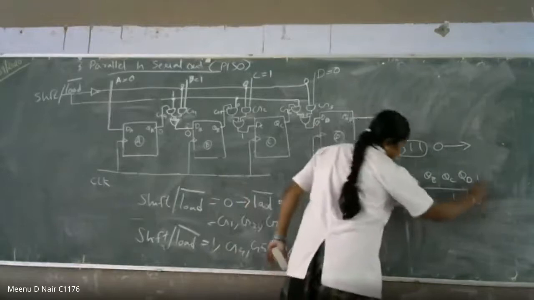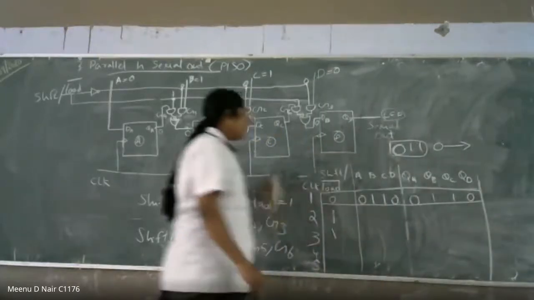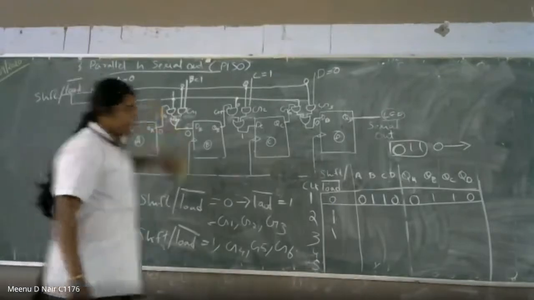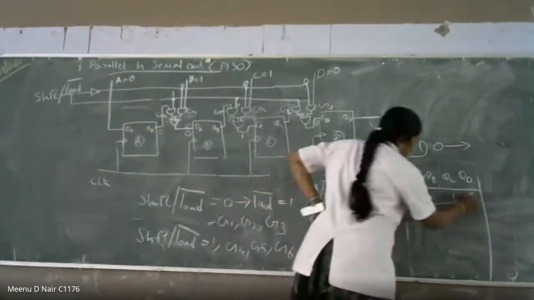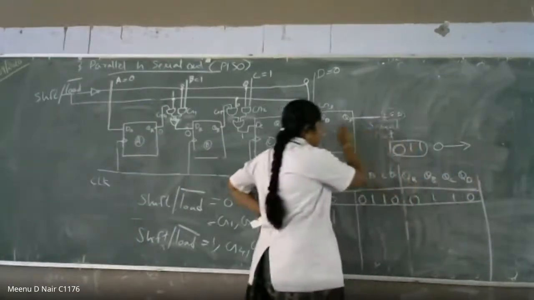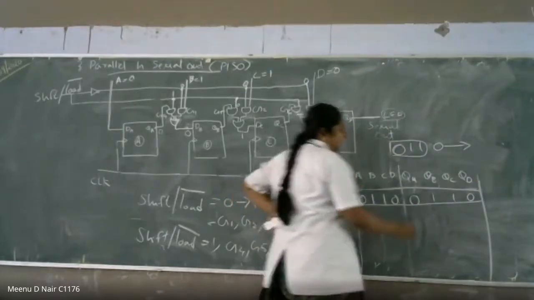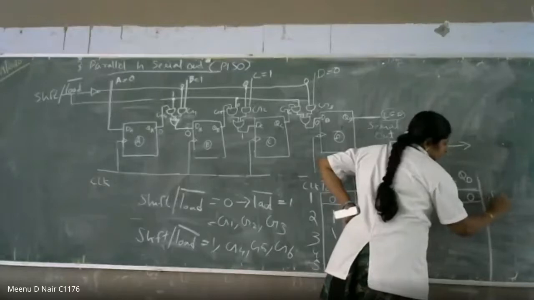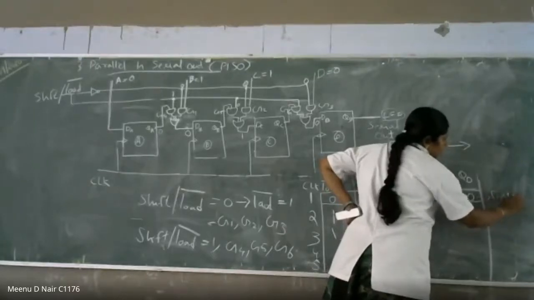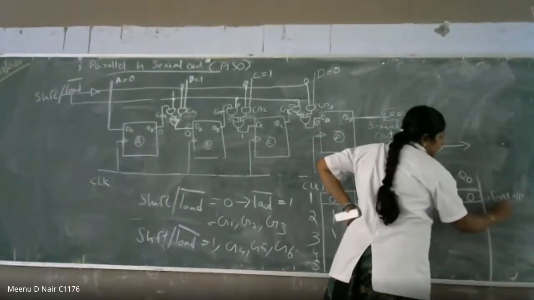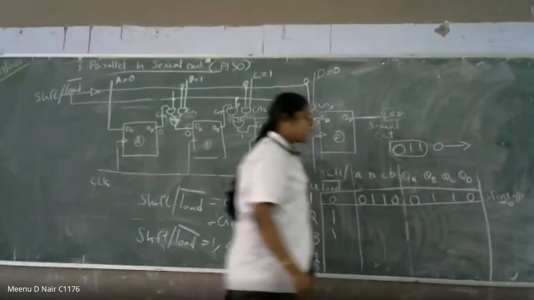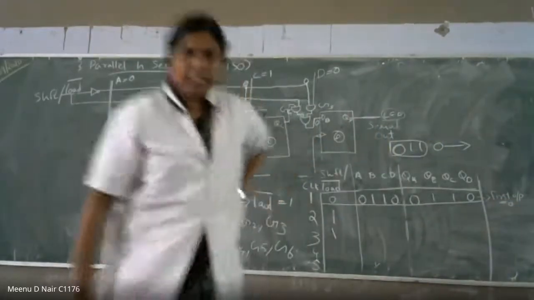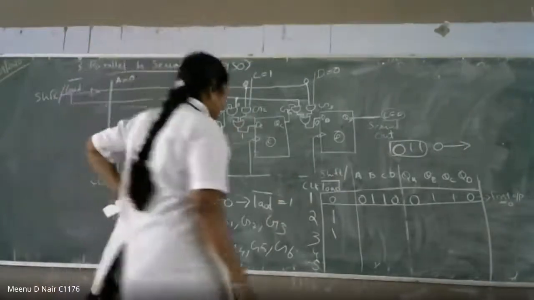Then in the second clock pulse we use the shift operation because you are taking the output from QD alone. So this 0 is out. This is your first output. The first output is 0.